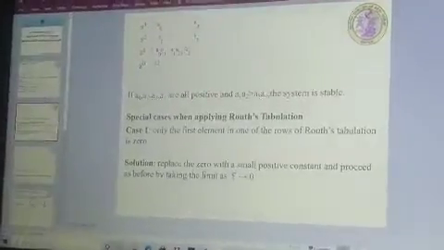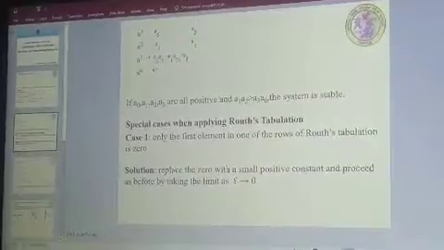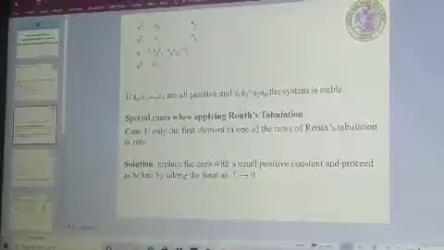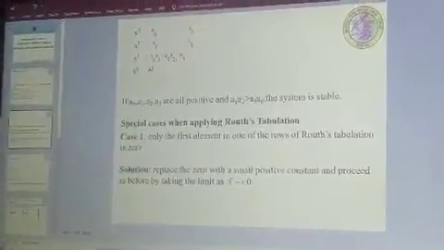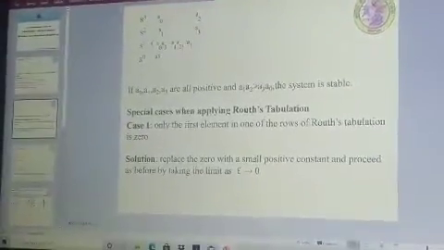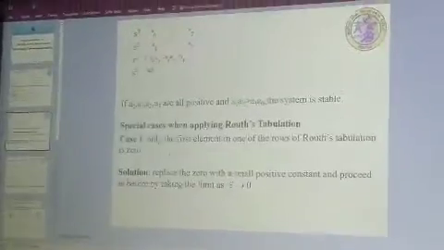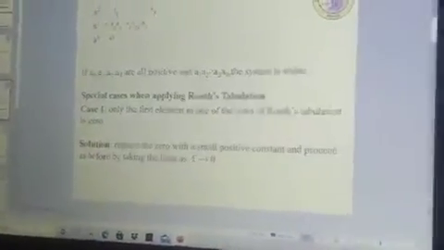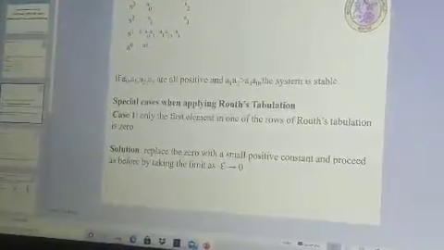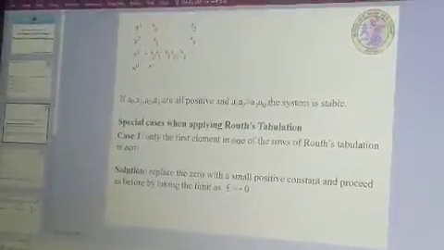The first case is that only the first element in one of the rows of the Routh tabulation is 0. So while you are doing the Routh tabulation from the given coefficients A0, A1, A2, A3, as usual, to find out the stability of the system, you will have this problem, which is one of the special cases of applying Routh tabulation. Case one is that only the first element in one of the rows of the Routh tabulation is 0.